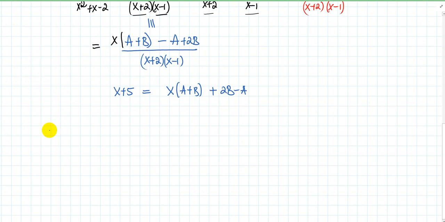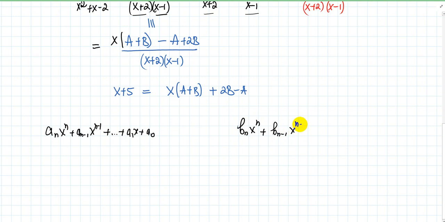Let's say you've got one polynomial, a_n x^n plus a_(n-1) x^(n-1) and so on, plus a_1 x plus a_0, and a different polynomial with the same variable x, b_n x to the power of n plus b_(n-1) x to the power of n minus 1 and so on, plus b_1 x plus b_0.